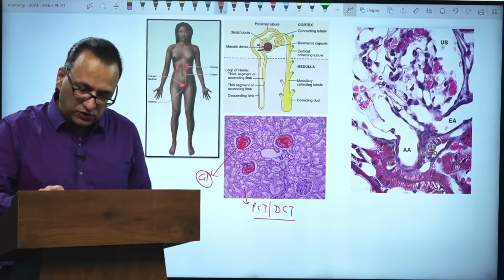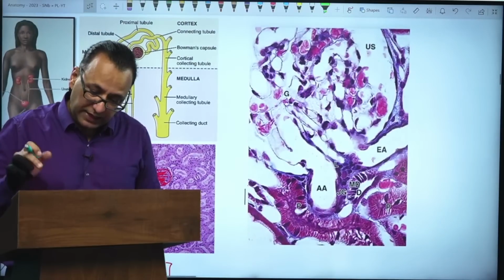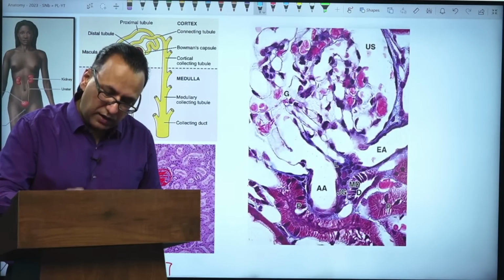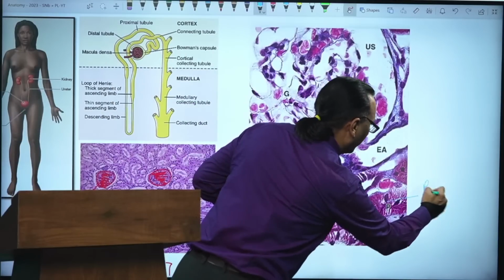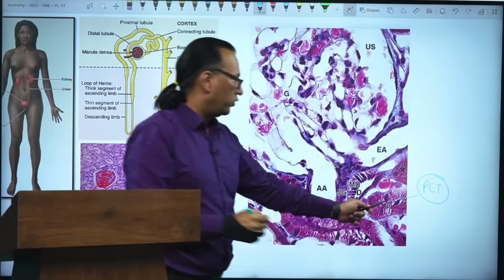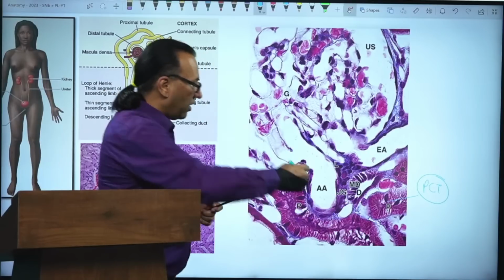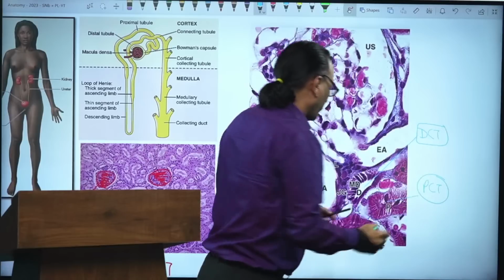Now as we zoom in on this diagram, you will notice we are looking at one PCT, proximal convoluted tubule, and one DCT. Now how do you know that this is the DCT, distal convoluted tubule?